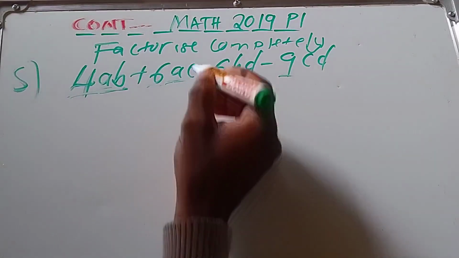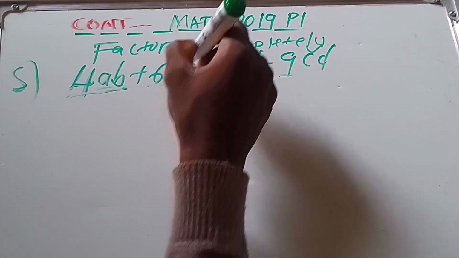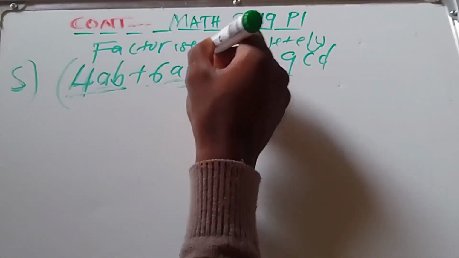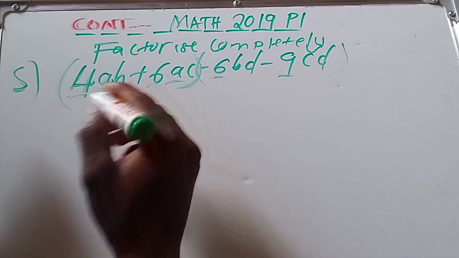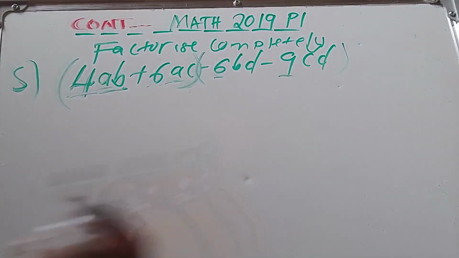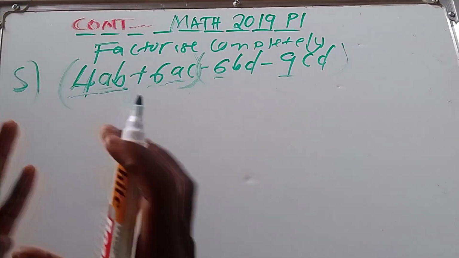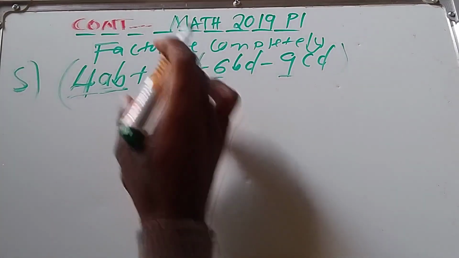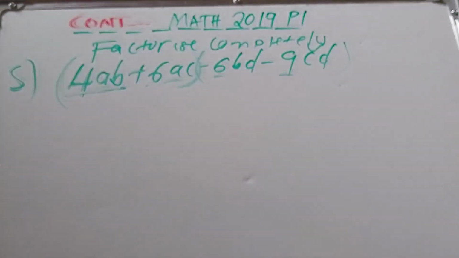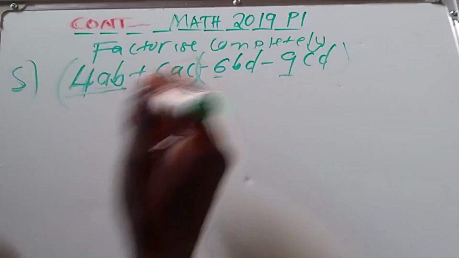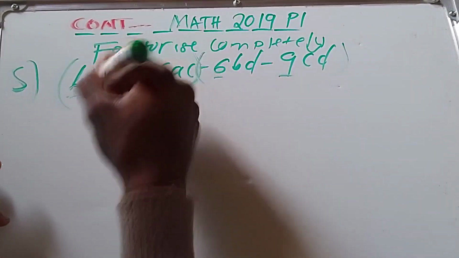Since I can couple these 2 terms, it means that even these 2 can be coupled. If they cannot be coupled, make sure you follow the rules which I've explained so that you can couple them well. Since they can be coupled, I'm going now to factorize this.